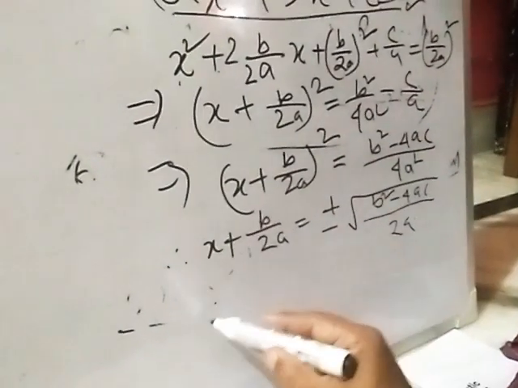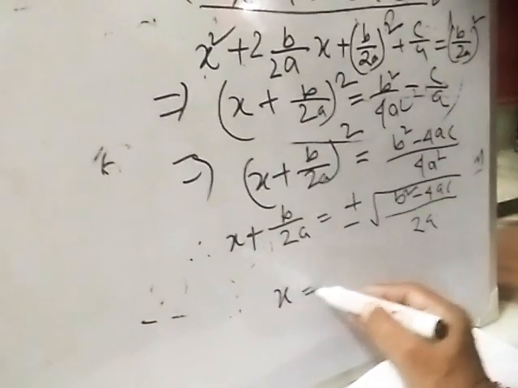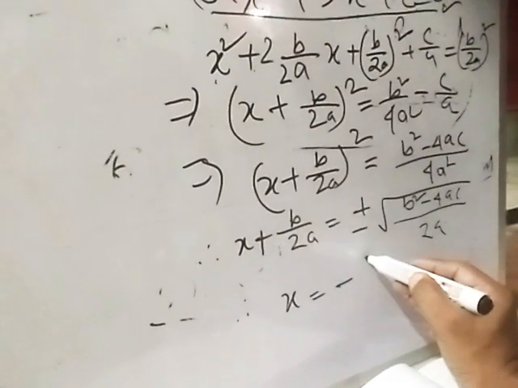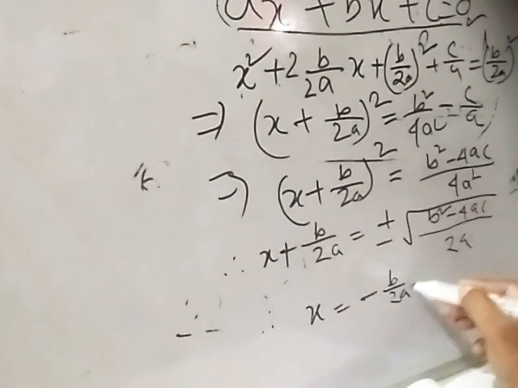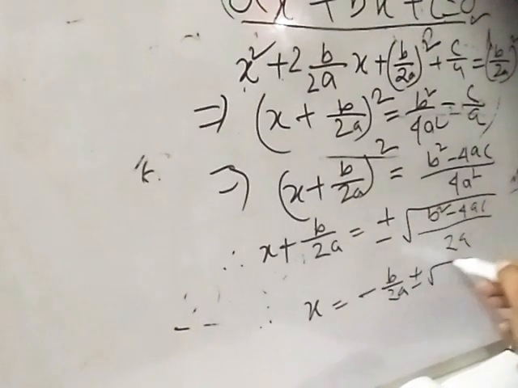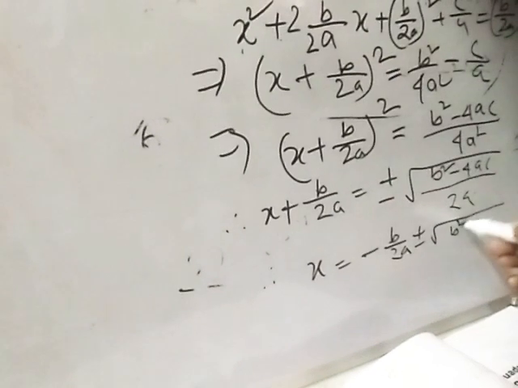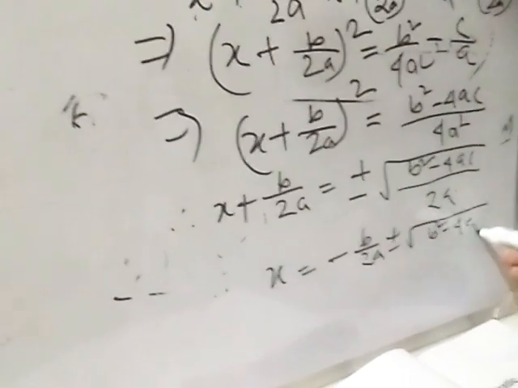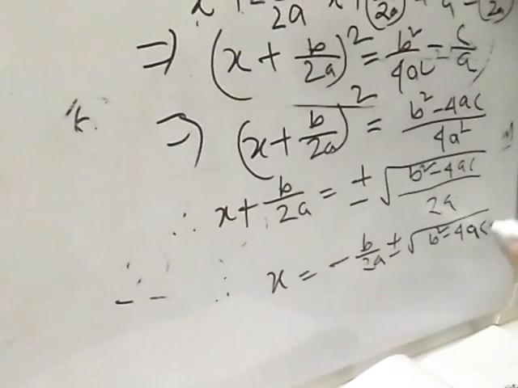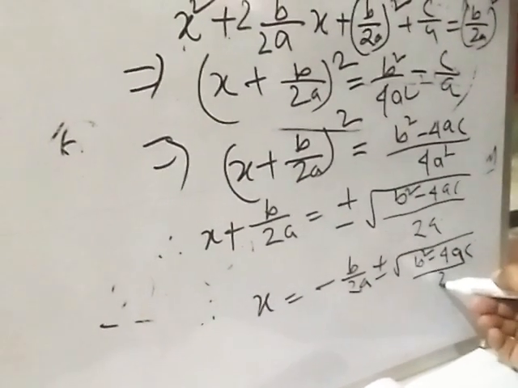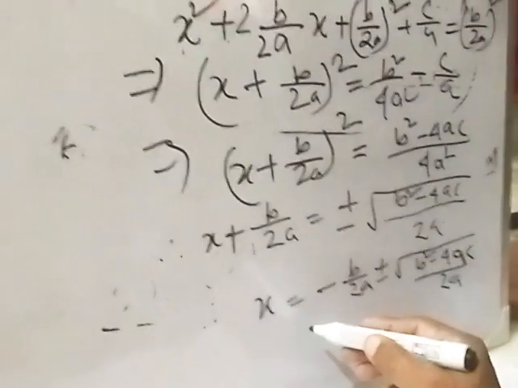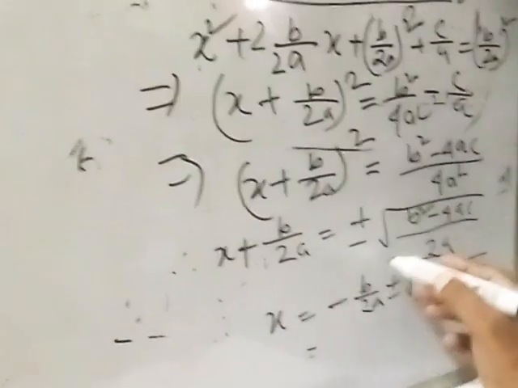Therefore, x equal to minus b by 2a plus minus root over b square minus 4ac by 2a. So this is how we get this formula of Sridhar Acharya.